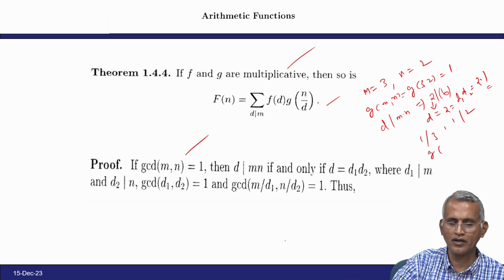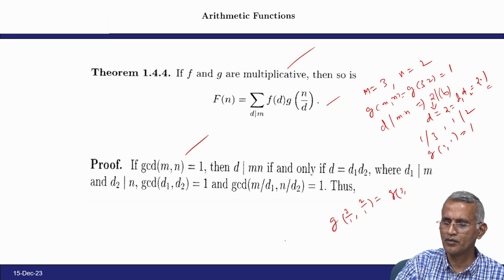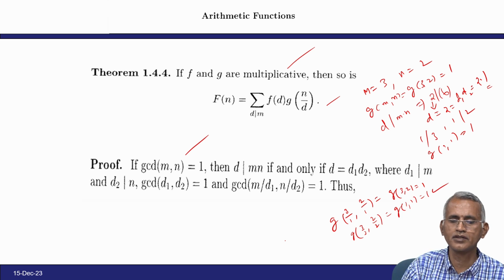Therefore, the GCD of 1 comma 1 is 1, which implies the GCD of m divided by d1 and n divided by d2, that is 3 divides 3 and 2 divides 2, equal to GCD of 1 comma 1 equal to 1. So, this way we can express that f and g are multiplicative, so we can do that.